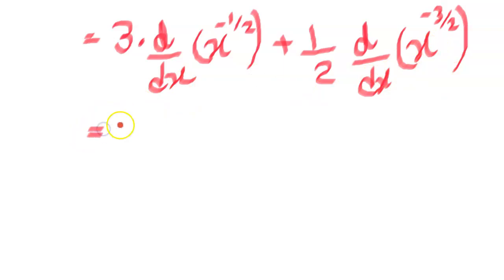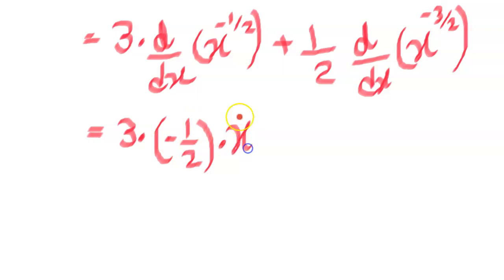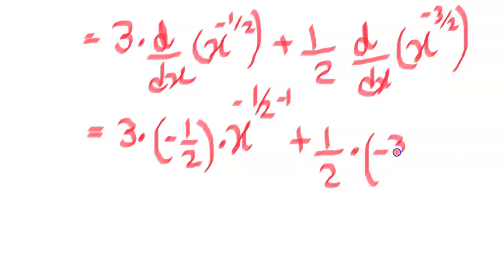To differentiate that one, 3 is here, the power comes out, so minus half, and reduce the power by 1, so minus half minus 1. Plus the half is outside, take the power out, and reduce the power by 1, minus 3 over 2 minus 1.